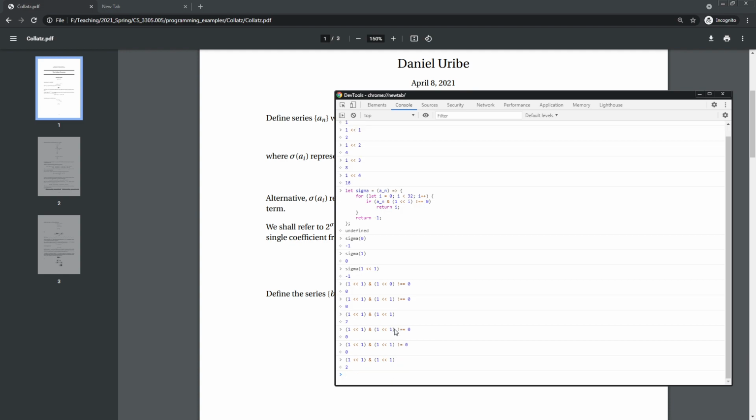So 2 should not be equal to 0. There we go. So what was happening is it was performing this bitwise operation, and JavaScript, again, JavaScript wants to help you out.